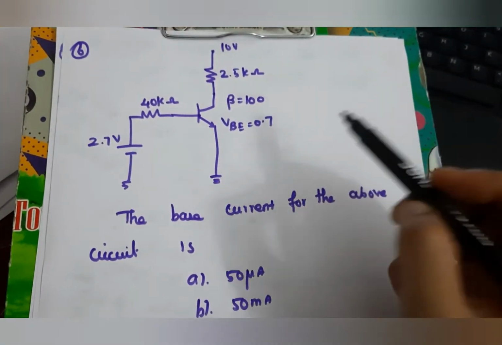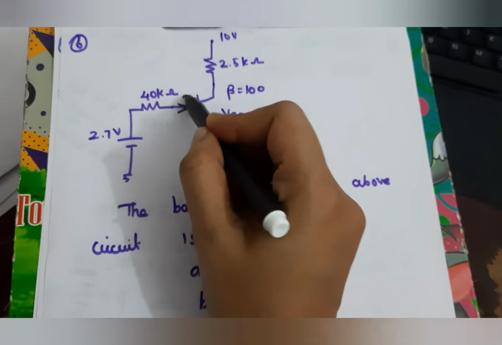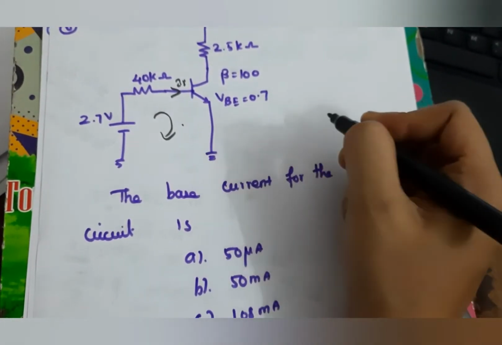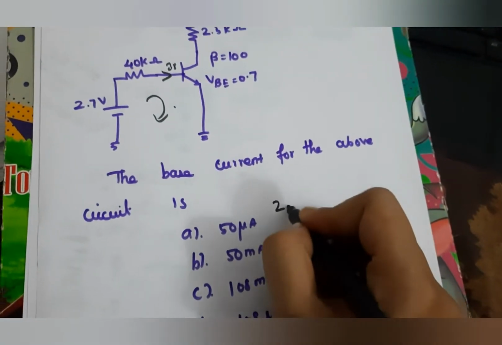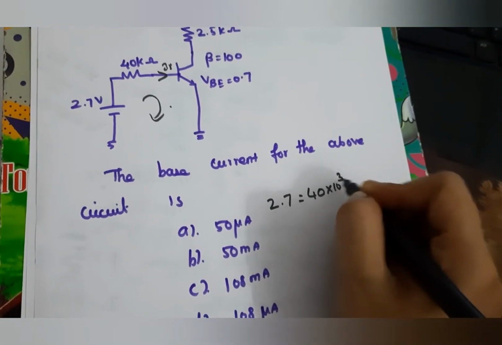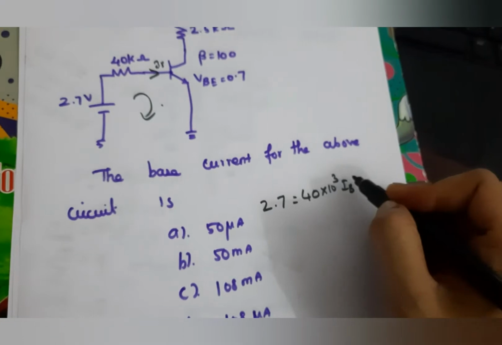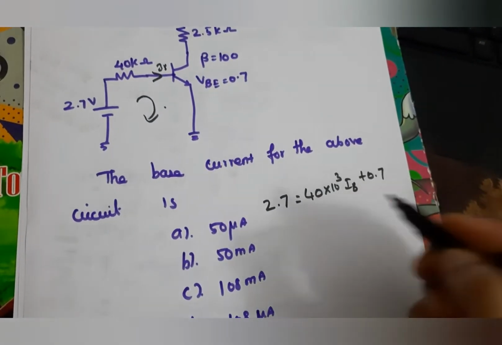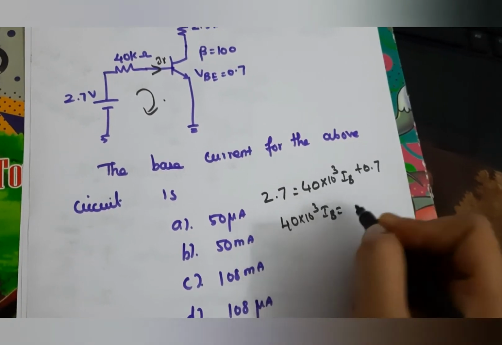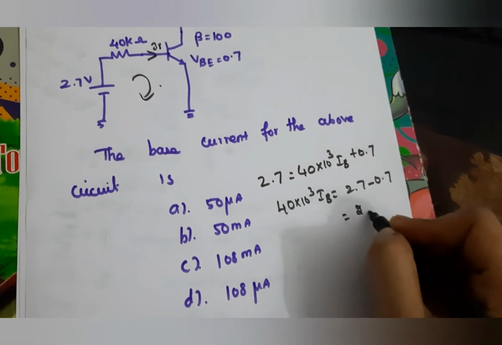Next question: find the base current for the above circuit. This is the base current. Consider this loop: 2.7 is equal to 40 into 10 to the power 3 IB, plus VBE, which is 0.7 volt. So 40 into 10 to the power 3 IB is equal to 2.7 minus 0.7, that is 2.